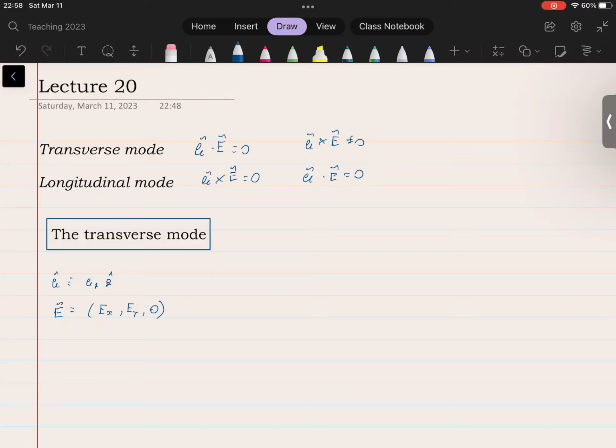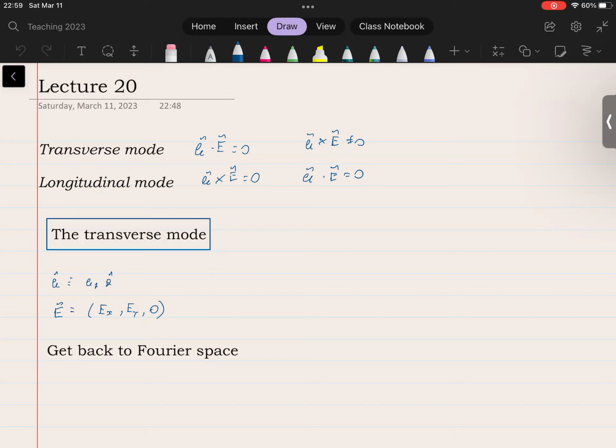I hope you remember that we had been working in Fourier space, and that's what we're going to keep doing. Remember, the Fourier transform is a linear operator, and it acts independently on each component of the field.